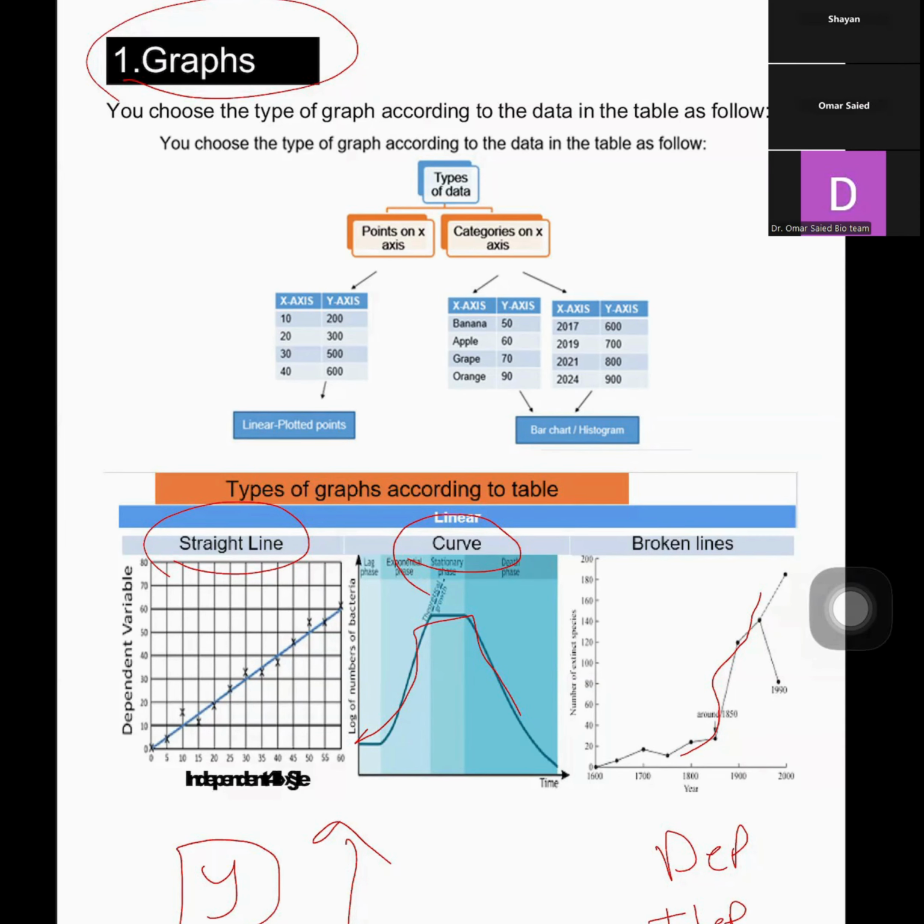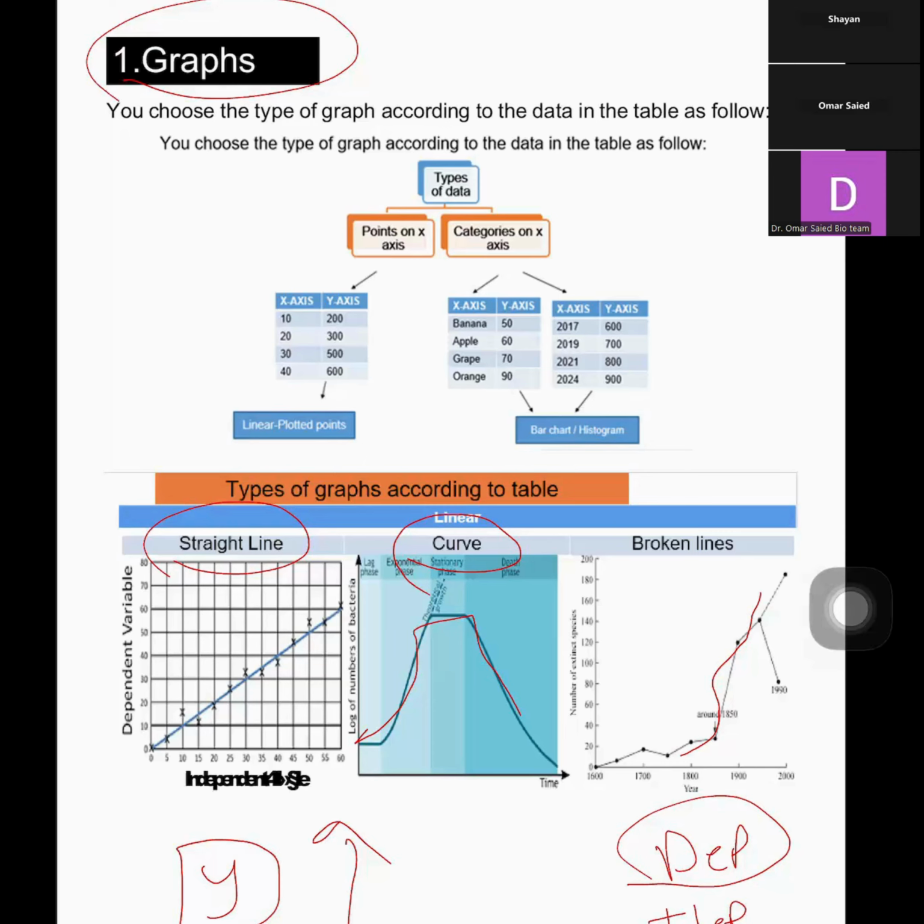Independent factor is what you are testing for. For example, when you're testing different temperatures, you're testing the enzyme activity at the different temperatures. The different temperatures are the independent variable, and the enzyme activity is the dependent variable, which is relying on the temperature.